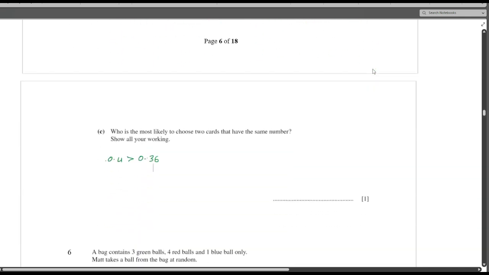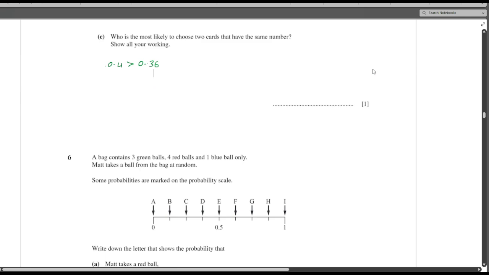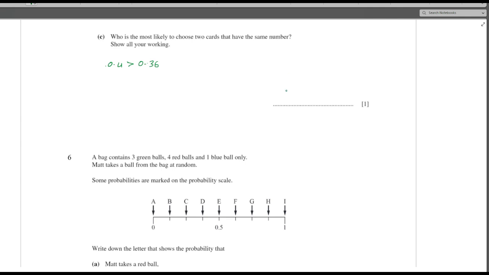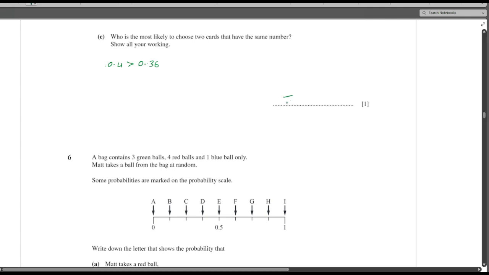The question is who is most likely to choose the 2 cards of the same number. So it's Jojo. Jojo has more chance. His possibility of choosing the same card is 0.4, whereas Kelly has the possibility of 0.36.